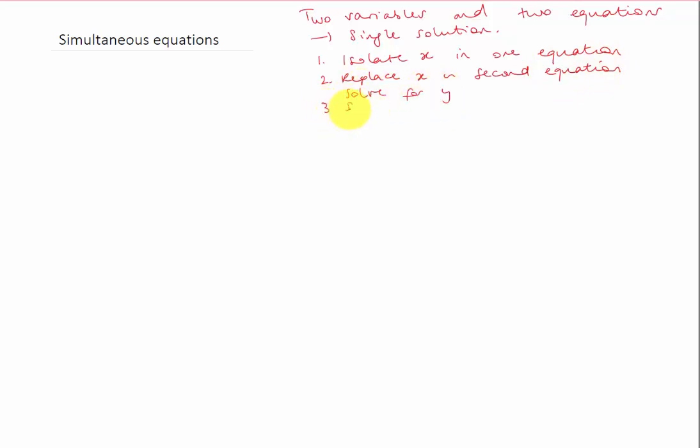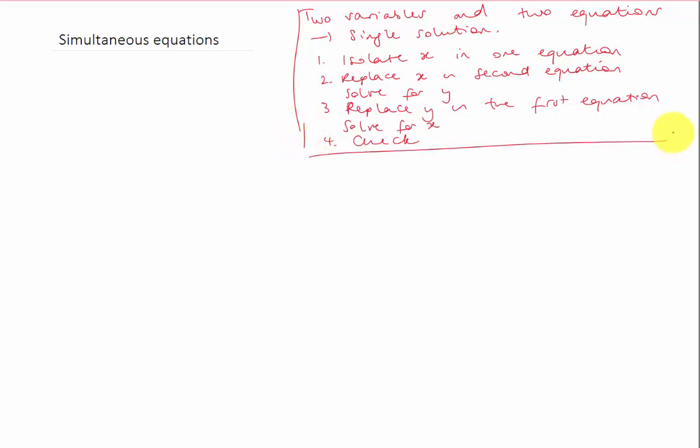And thirdly, you replace y back in the first equation and solve for x. And then lastly, you check by substituting those numbers back in both equations and making sure everything's all right.